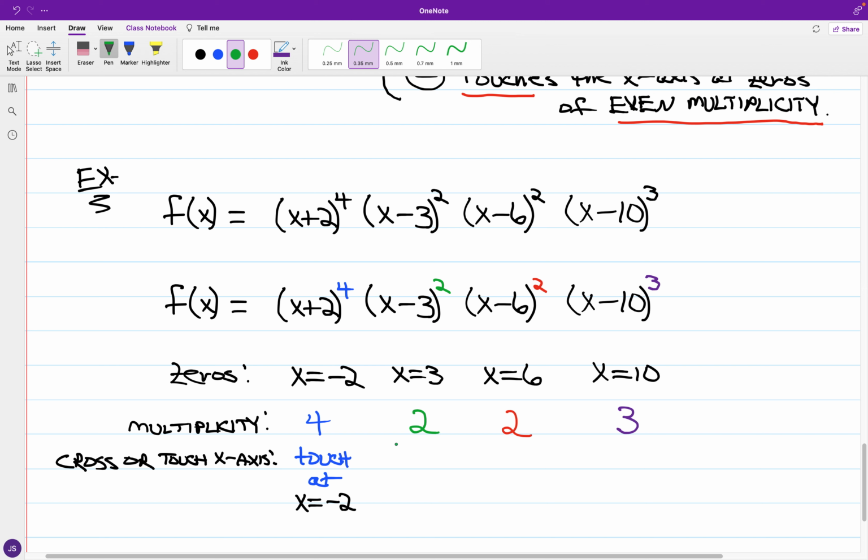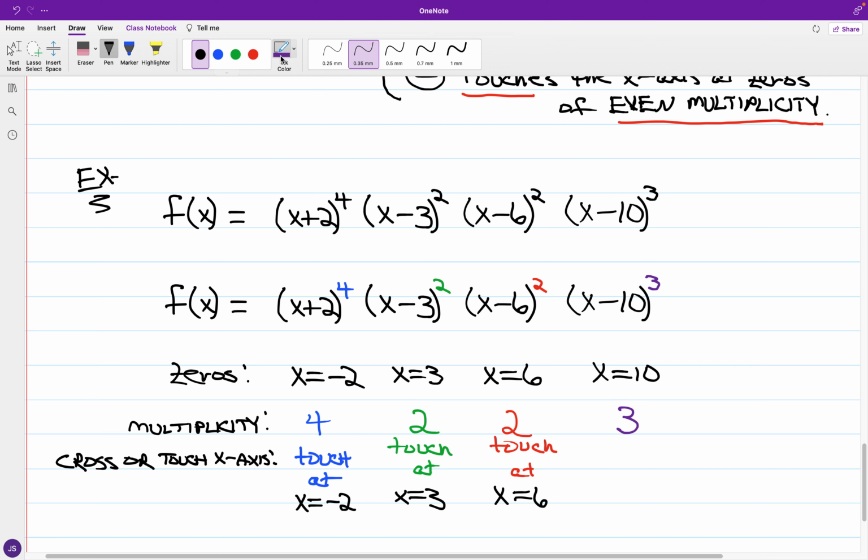The next even multiplicity signals that at that zero the graph is also going to touch the x-axis, at x equal to 3. The next multiplicity value is even, and it is going to touch at x equal to 6.